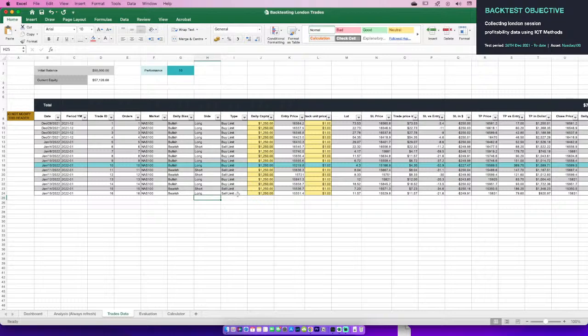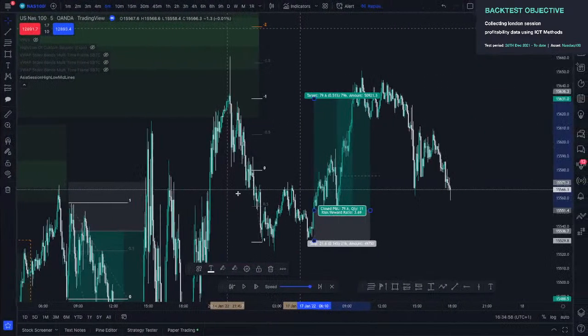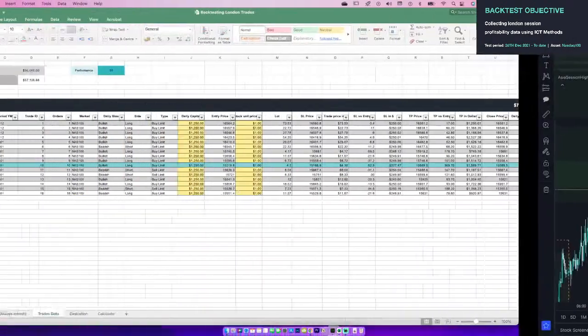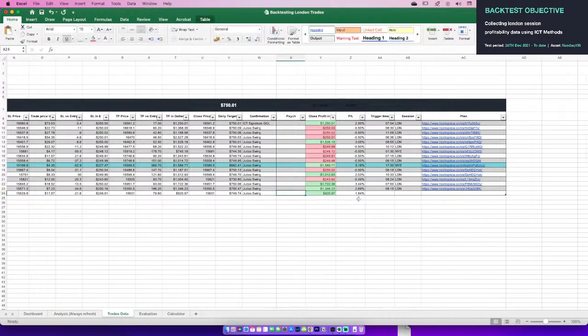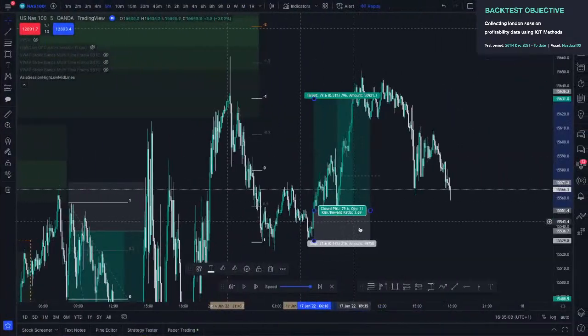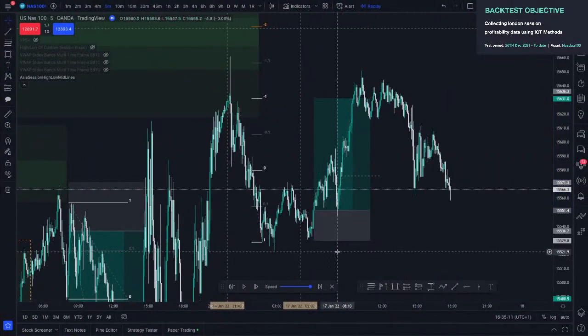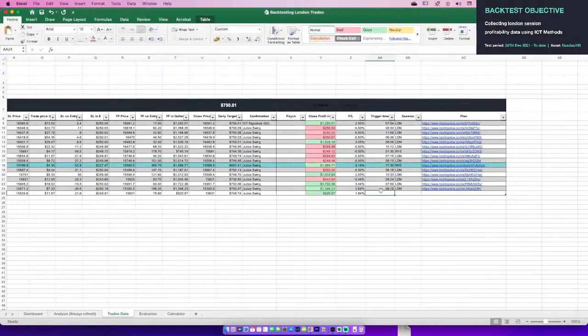Bias was bearish, but the side was long. And this was a buy limit. The swing. I got triggered at 8:10 during London.